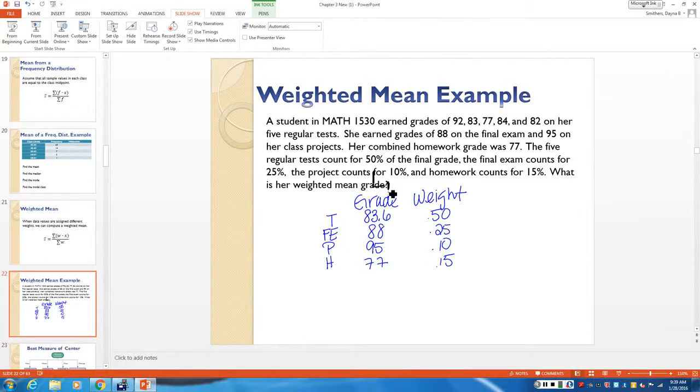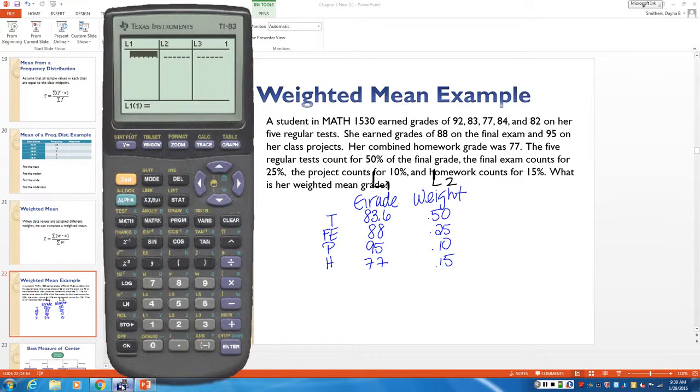The grades are going to go in L1, and the weights go in L2. So let's put the grades in L1, and then the weights in L2. Your screen should look like my screen.